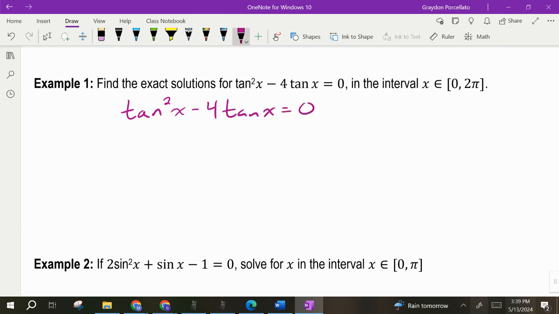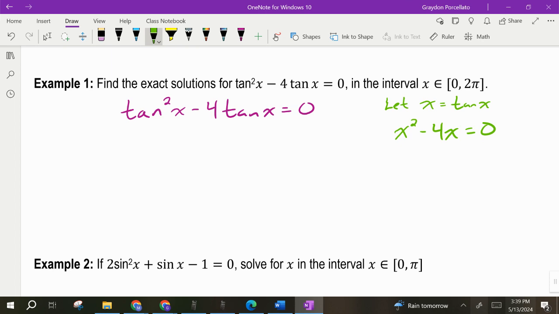Now we can modify this and say, let x equal tan x. If that's the case, this equation becomes x squared minus 4x equals 0.